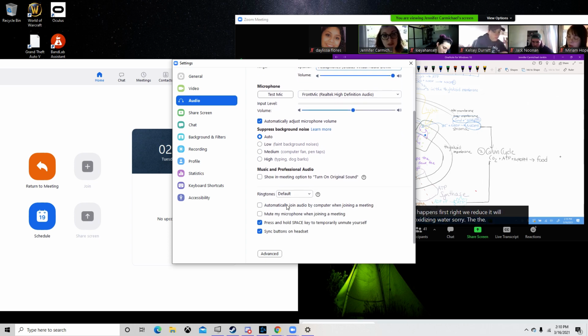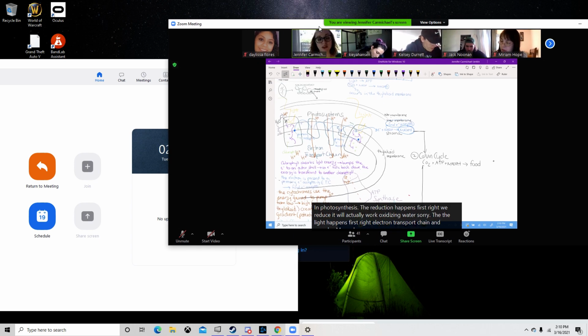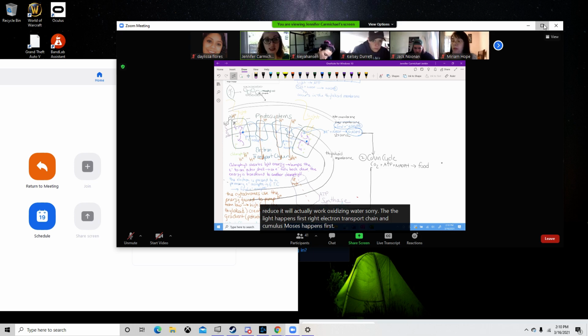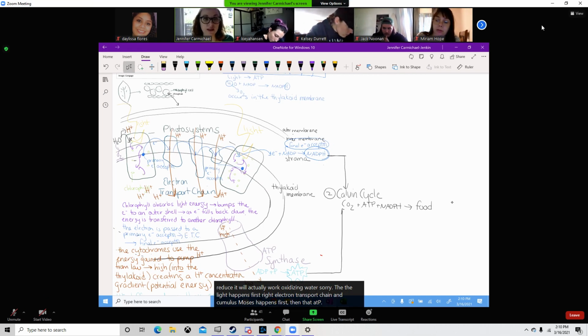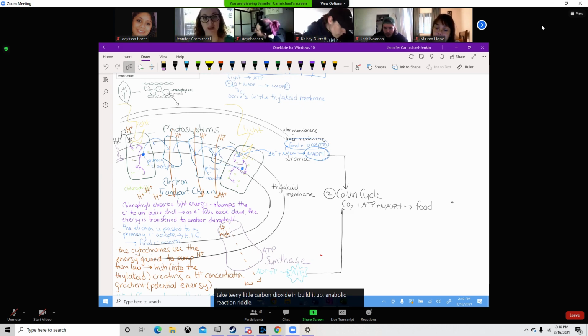The light happens first, right? Electron transport chain and chemiosmosis happens first. Then that ATP, then that NADPH is going to take teeny little carbon dioxide and build it up. Anabolic reaction, reduction of carbon to make the food. Same pieces, different order for different purposes.